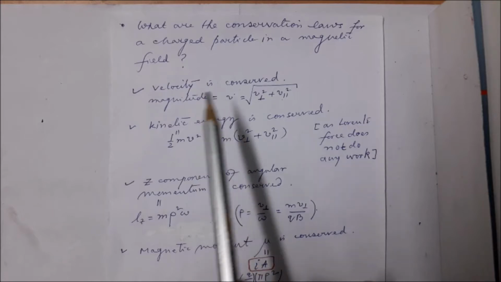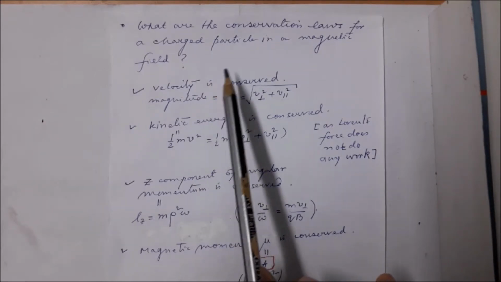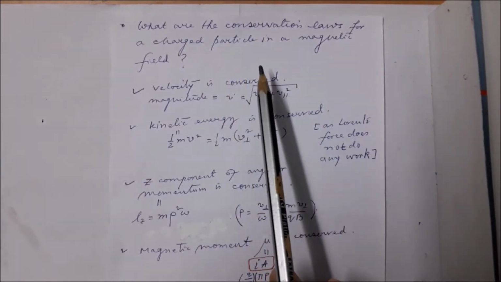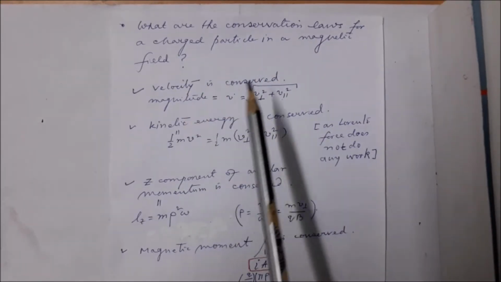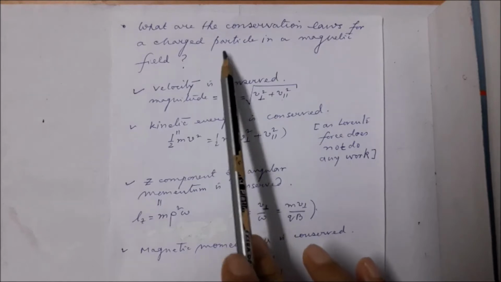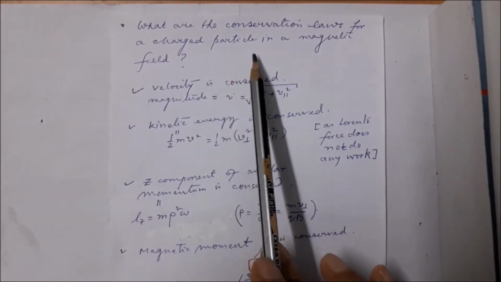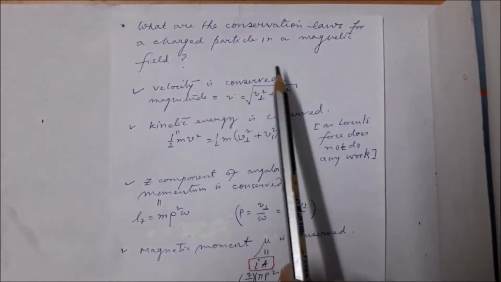In this question, we are to state or identify the laws of physics that are conserved as a charged particle enters a constant magnetic field.